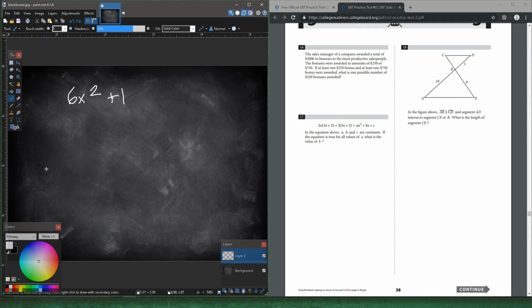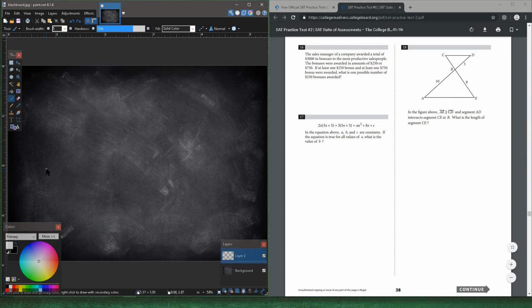Okay, question 18. In the figure above, AE is parallel to CD, and segment AD intersects CE at B. What's the length of CE? Let's draw this out first.